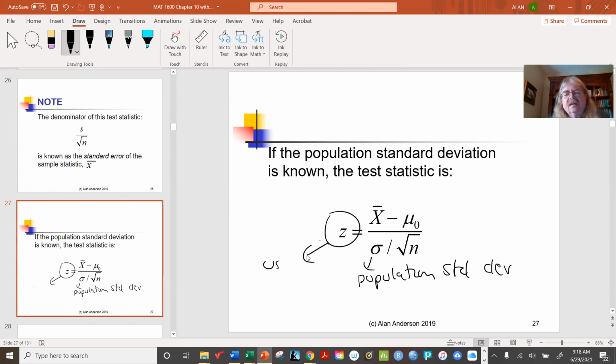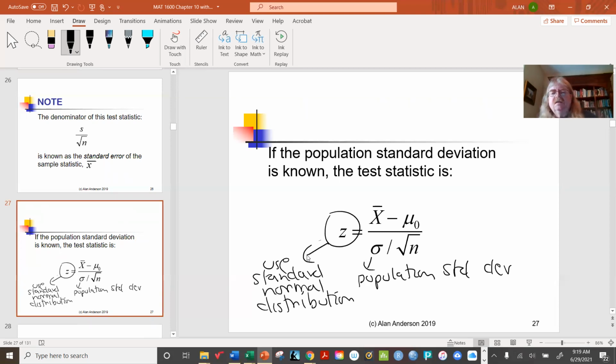And we're using the standard normal distribution. Either way, we're converting X bar in its original units into a given number of standard deviations away from the mean.